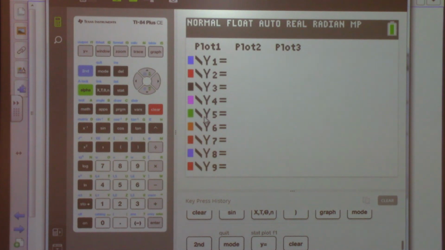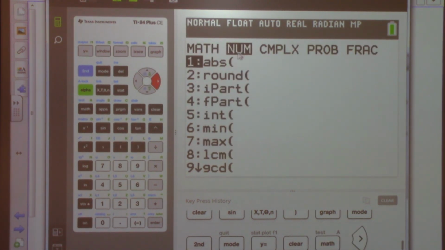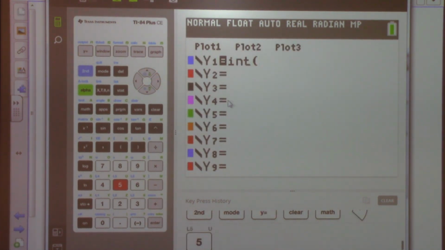Okay, let's look at K. Very good. Look at the calculator right here. There are a couple of different ways to get to K. Probably the easiest way is to go to math, then go over here to number, and then you get down to 5, INT, see that? Now you put x plus 1 or whatever that is.